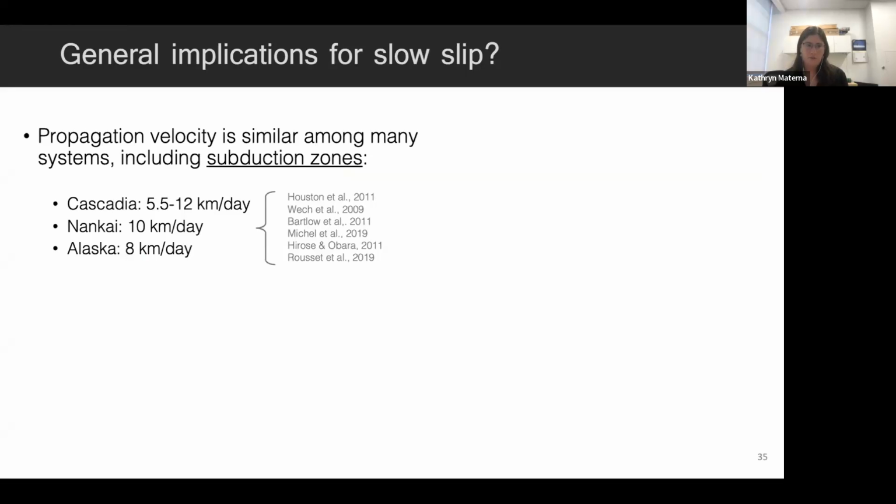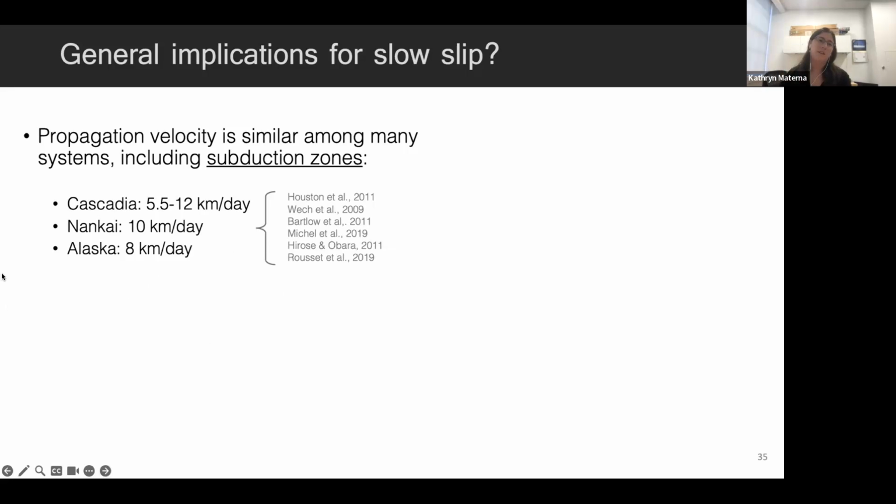And for those of us who study subduction zones, the propagation velocity that we've obtained of 10 kilometers per day is sort of a provocative number, because here is the process of slow slip in subduction zones, which is a different process occurring at about 30 to 35 kilometers deep in the subduction zone, and producing seismic tremor. This is a different process, yet it's been observed to propagate along strike at approximately 10 kilometers per day, in a whole range of studies and across many different subduction zones.